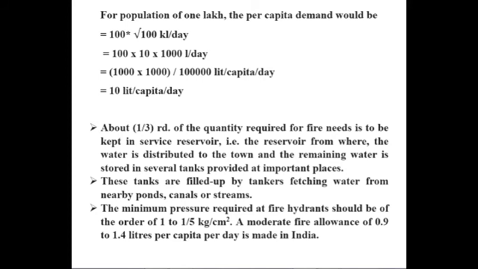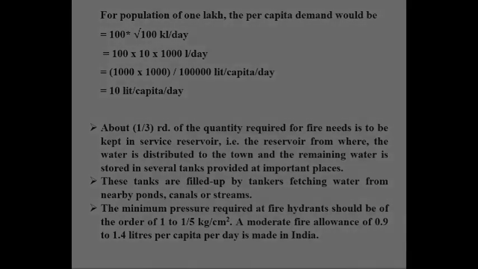These tanks are filled up by tankers fetching the water from nearby ponds, canals, or streams. The minimum pressure required at the fire hydrants should be of order 1 to 1.5 kg per centimeter square. A moderate fire allowance of 0.9 to 1.4 liter per capita per day is made in India.